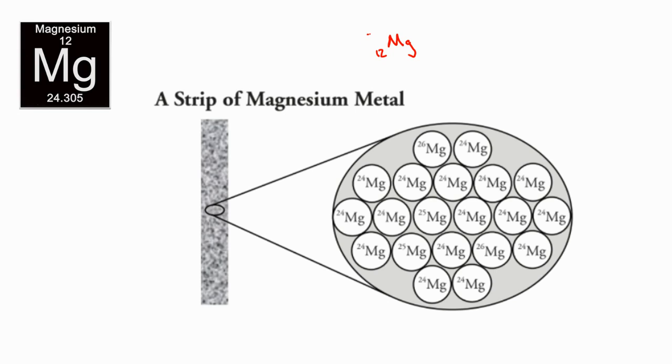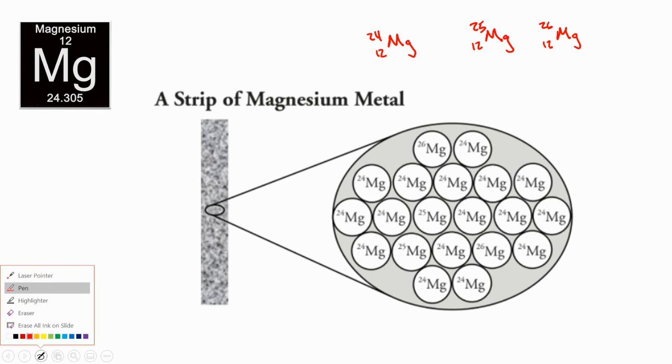We have magnesium-24, which we discussed before, but we also have magnesium-25 and magnesium-26. We know that the number of protons doesn't change, so that means the number of neutrons in each of these isotopes must be a little bit different.